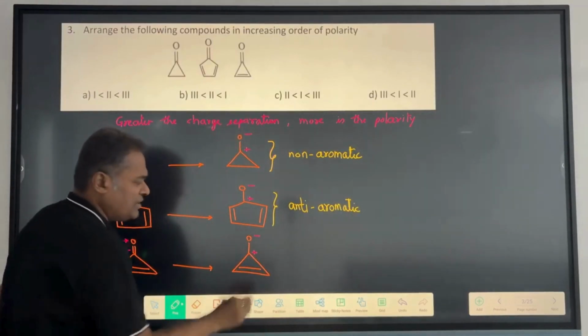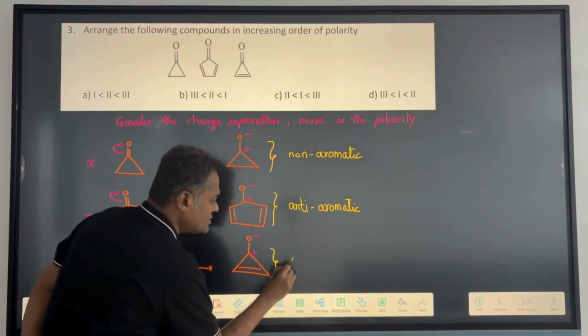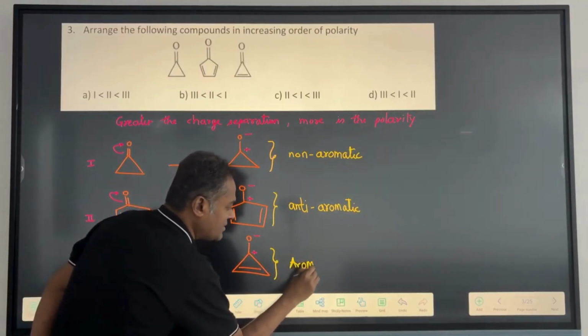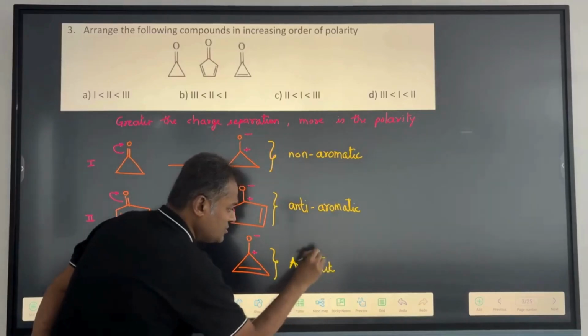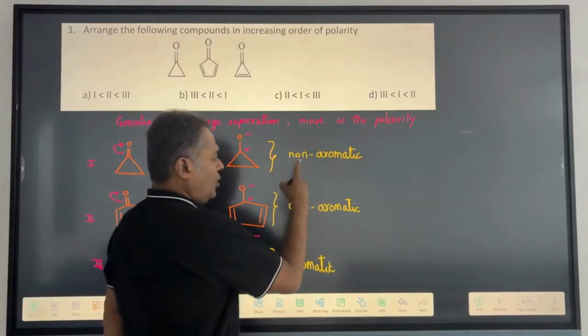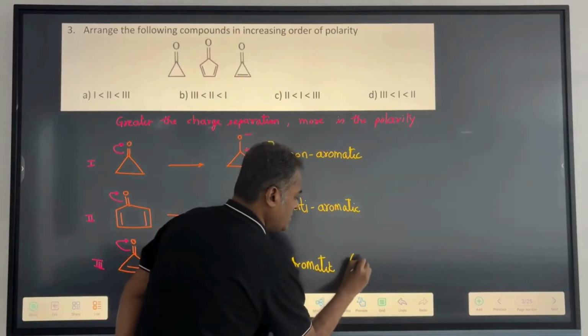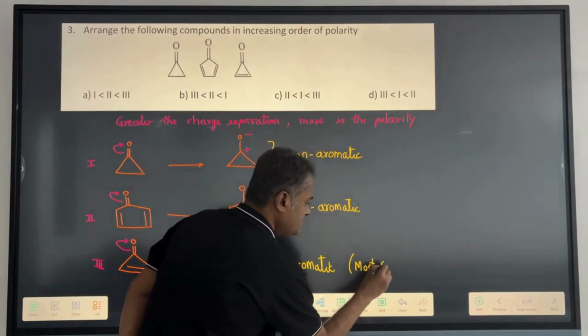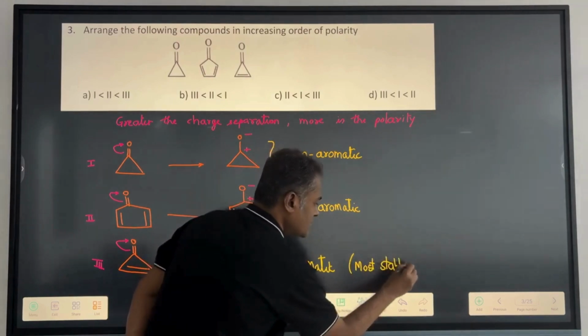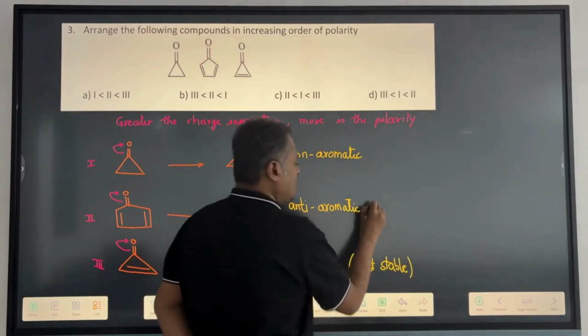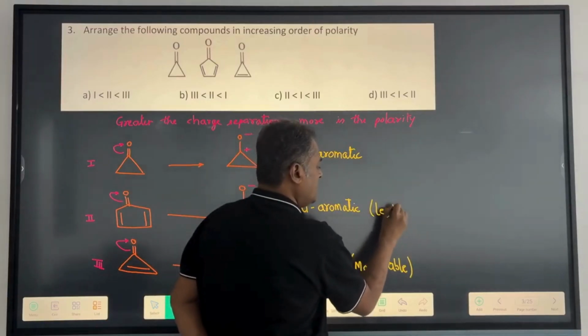And in the last example, this particular part becomes aromatic. That means when you see the stability over here, this will be most stable.